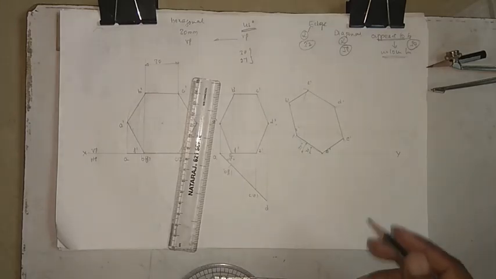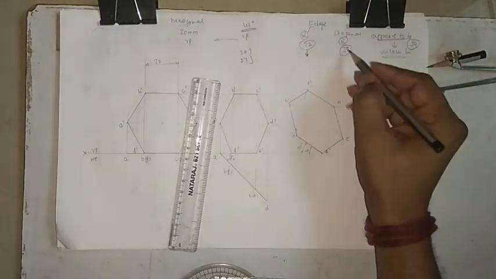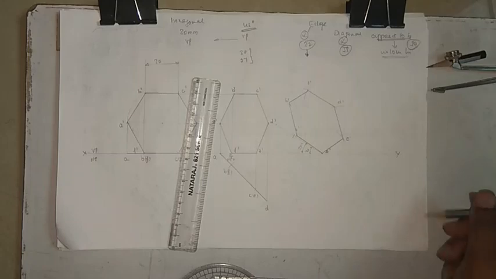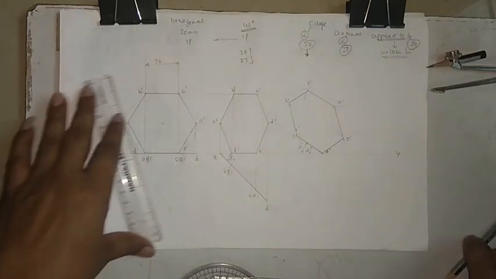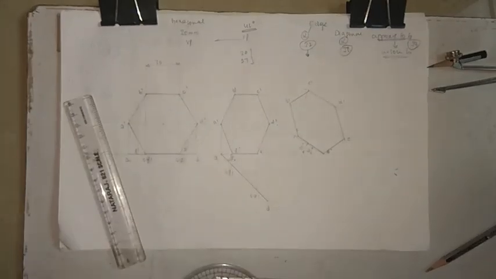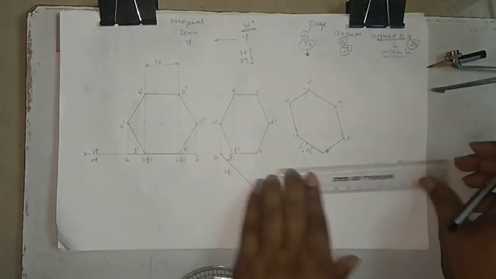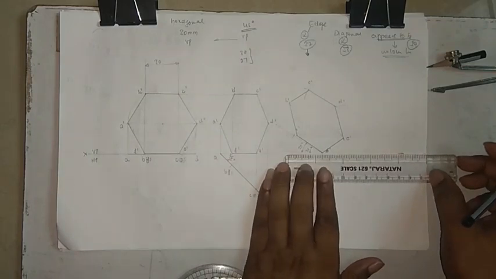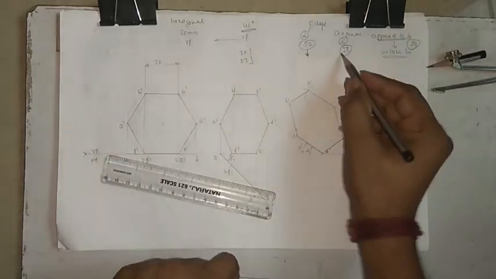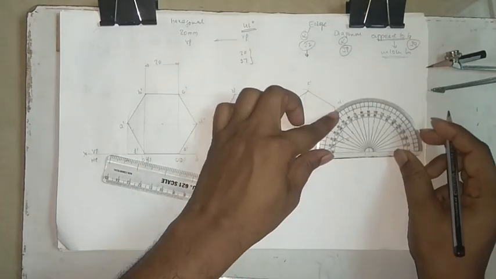Suppose this is for number 32. So in 38 they have said it's a diagonal inclined. So diagonal means what you can do is, see, this is for 32 where the edge is inclined. If you take, say for example, number 38, we'll take a line from here.